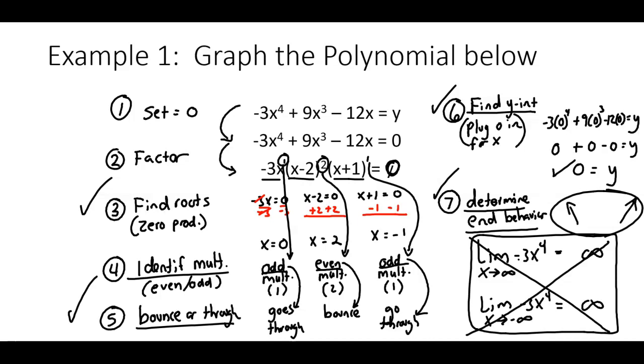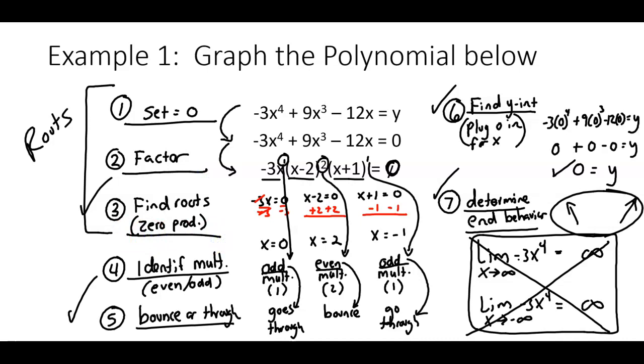So that's a lot of work, but we're actually done. So let's review the steps, and then we're going to graph it. The first 3 steps are all about finding the roots, finding where it touches the x-axis. So first we set it equal to 0, we factor it, which I'm doing for you today, and then we set each piece equal to 0 and solve to find where the roots are.